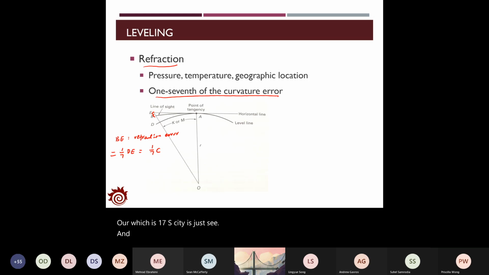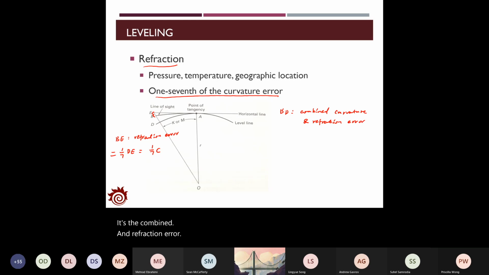And if we go to see this graph, you will find that the combined error from the refraction and the curvature will be the segment BD. So BD is the combined curvature and refraction error.